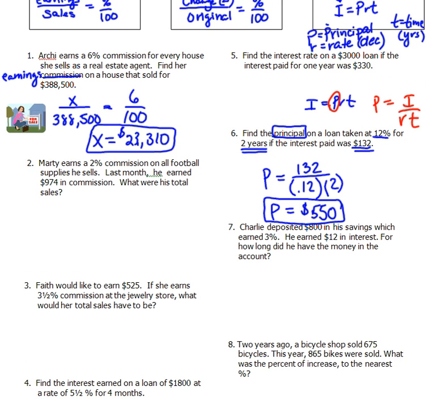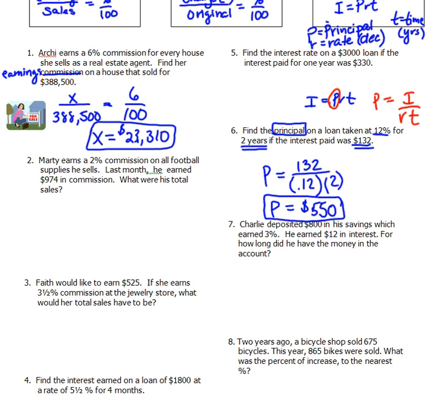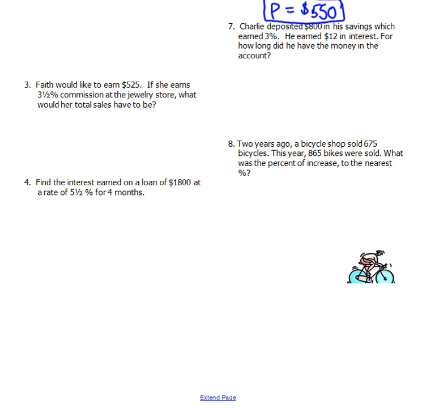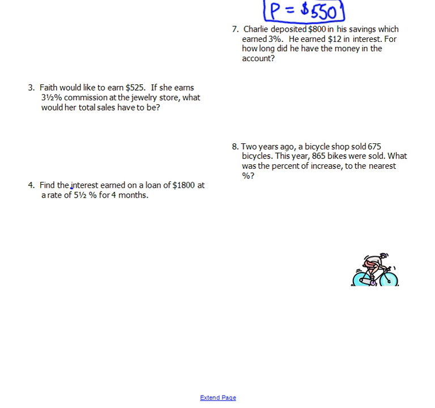Let's look at 4 because that one's a little different, and hopefully there's some more on this that are like this that are a little different. Okay, so I just want you to be careful here. This one I'm actually looking for the interest. Okay, so I can go ahead and use my formula I equals PRT.